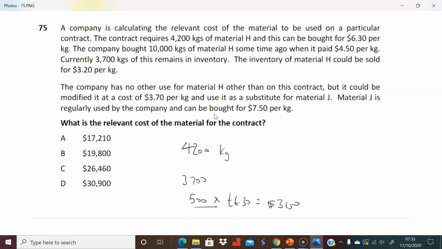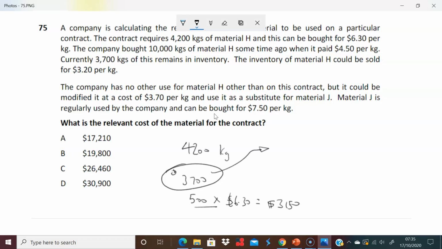So it's in dollars, forgive me. Now with regards to the 3,700, it says that they have some of it in inventory, and this inventory has no other use.